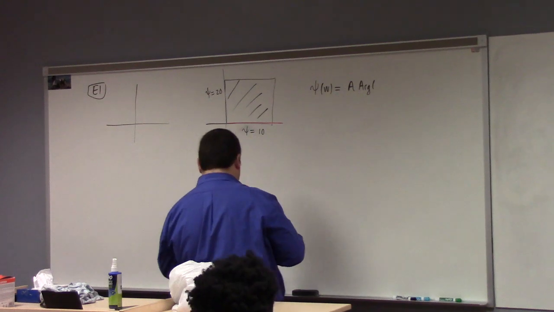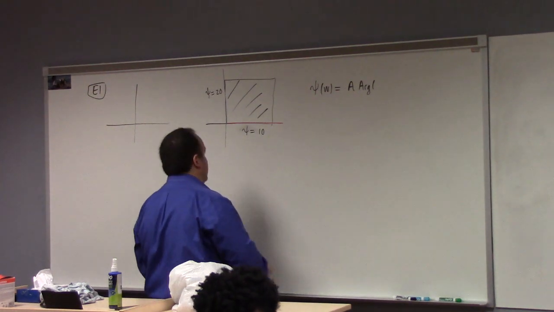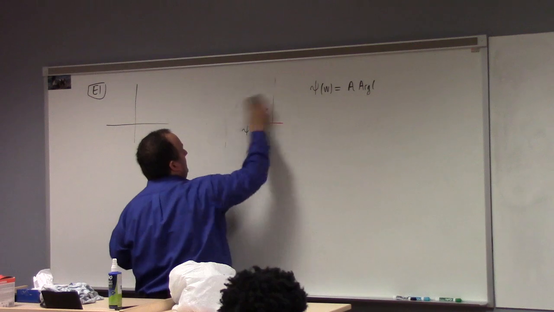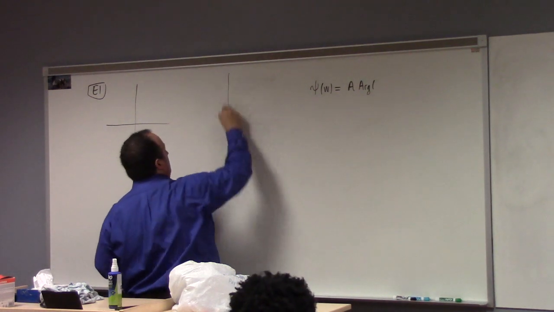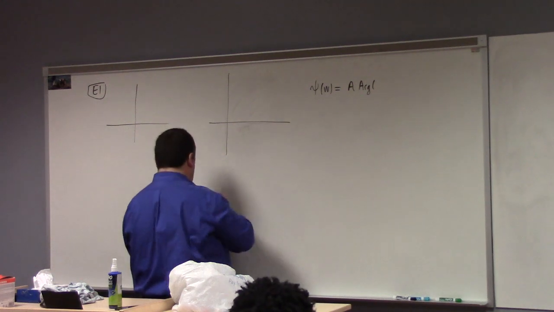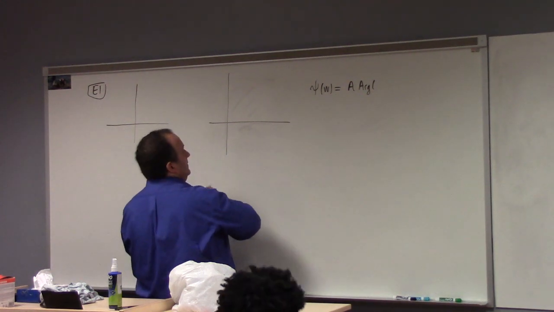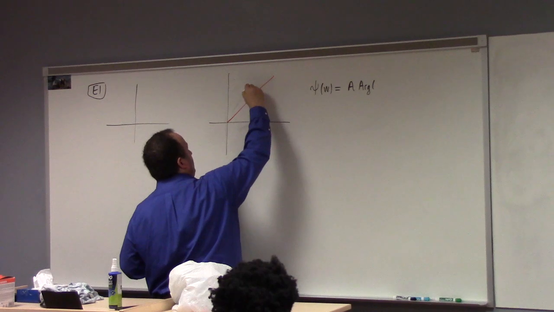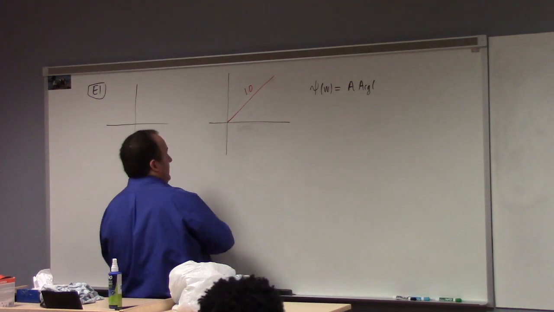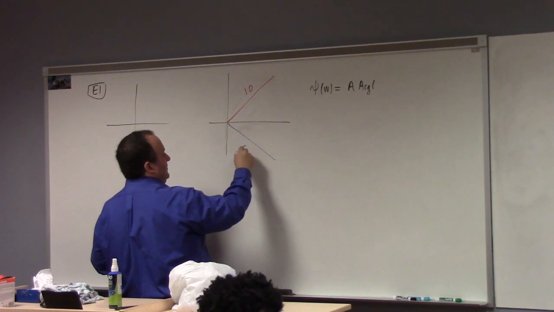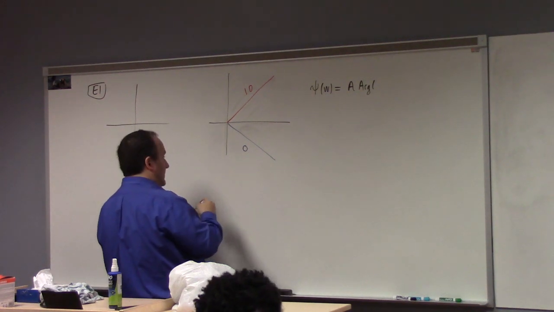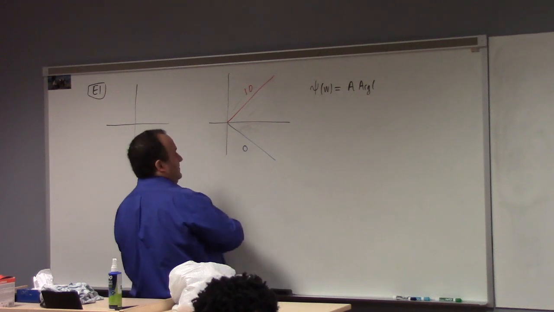Let me stay out of trouble for a change. Let's try instead to put 10 up here, and put 0 down here. How about that for psi? All right, and we'll try to solve it.